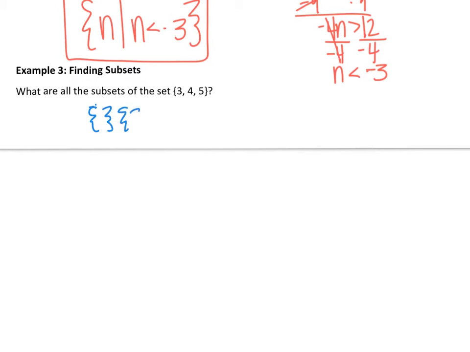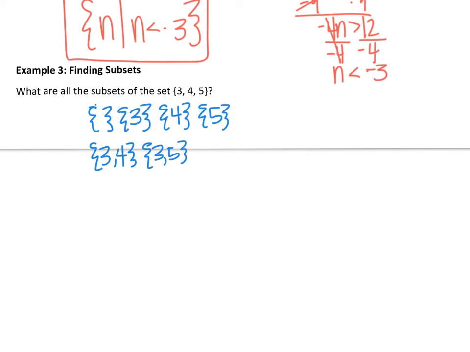Then, every one element subset, so each element gets its own subset: 3, 4, and 5. Then you list every 2 element subset, so 3, 4; 3, 5; and 4, 5. And then the next one would be the 3 element subsets.